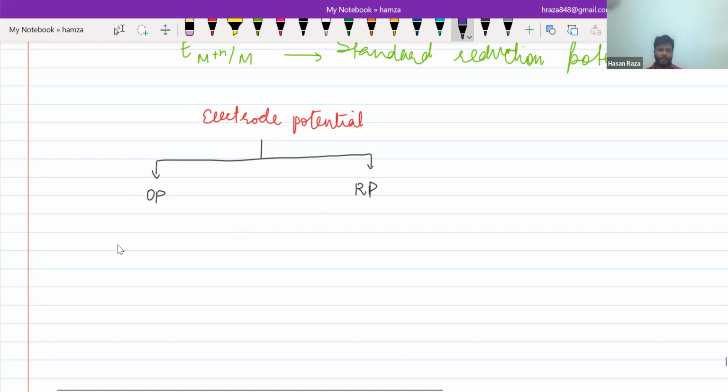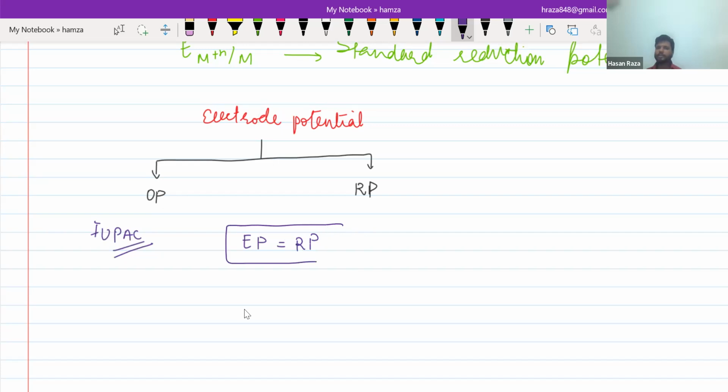Now, according to IUPAC, electrode potential is equal to basically reduction potential. Electrode potential is equal to reduction potential, and a standard electrode potential will be equal to a standard reduction potential.